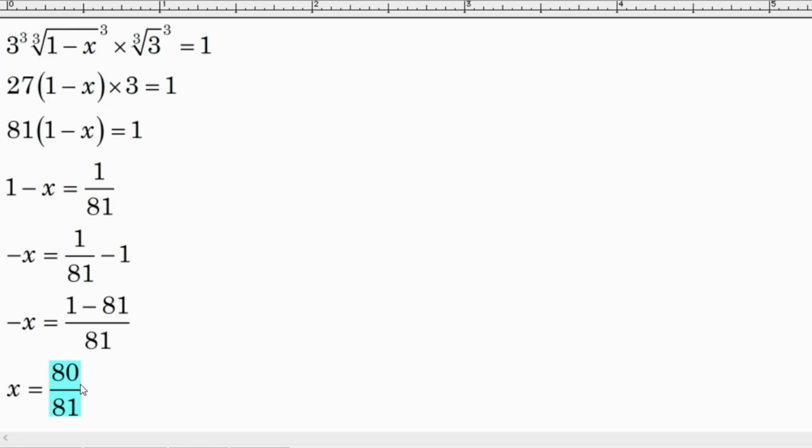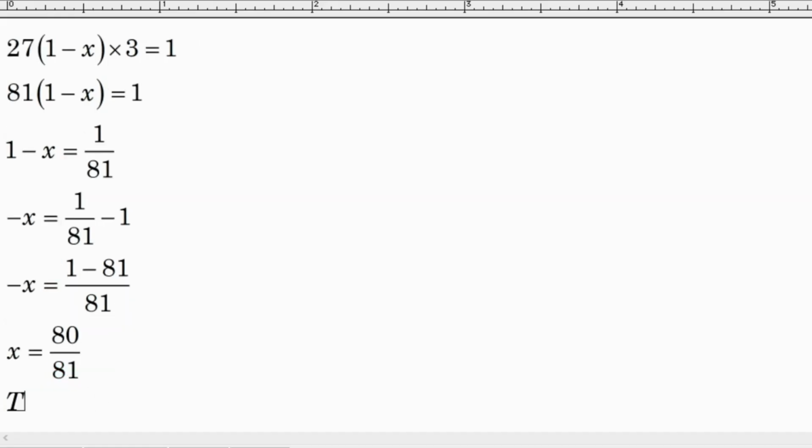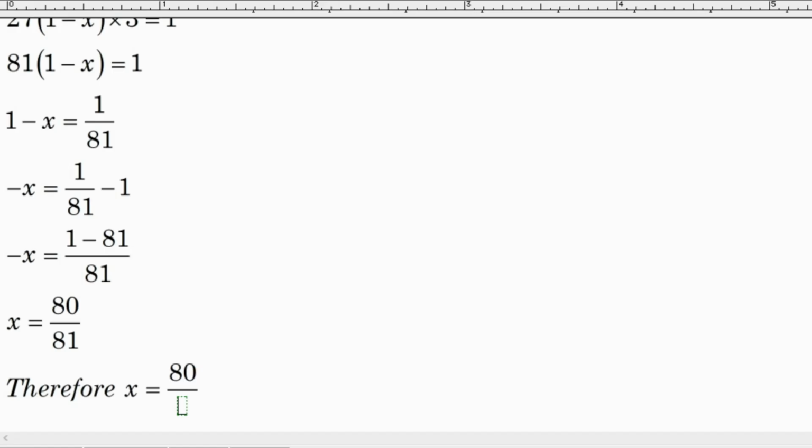So that will be the root of the equation. Okay, therefore x equal to 80 divided by 81. Finally, we have found the root of the equation, which is x equal to 80 divided by 81.